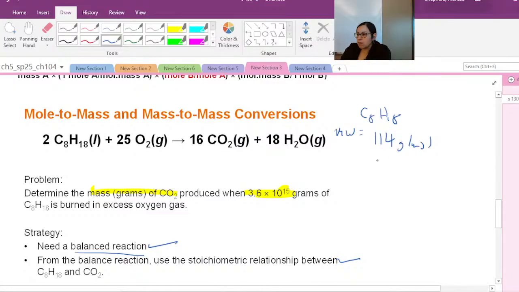And again, your answer could vary. I probably would have given it at least something after the decimal point. I have like 0.232 in my notes, but you could have gone to like 0.2, 0.23, or if you left it at 114, that's also okay. We only have two sig figs here. So there's already a small discrepancy, so just keep that in mind.